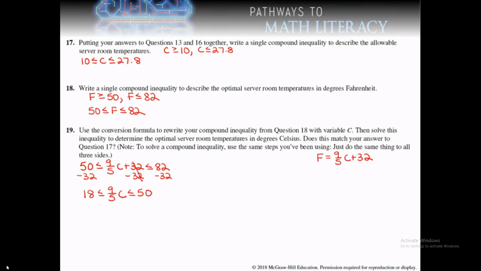So I'll multiply all 3 portions by 5/9. And that's going to come out to 10 less than or equal to c less than or equal to 27.8. And they asked, does that match what happened in number 17? And yes, that does match the answer that we had there.